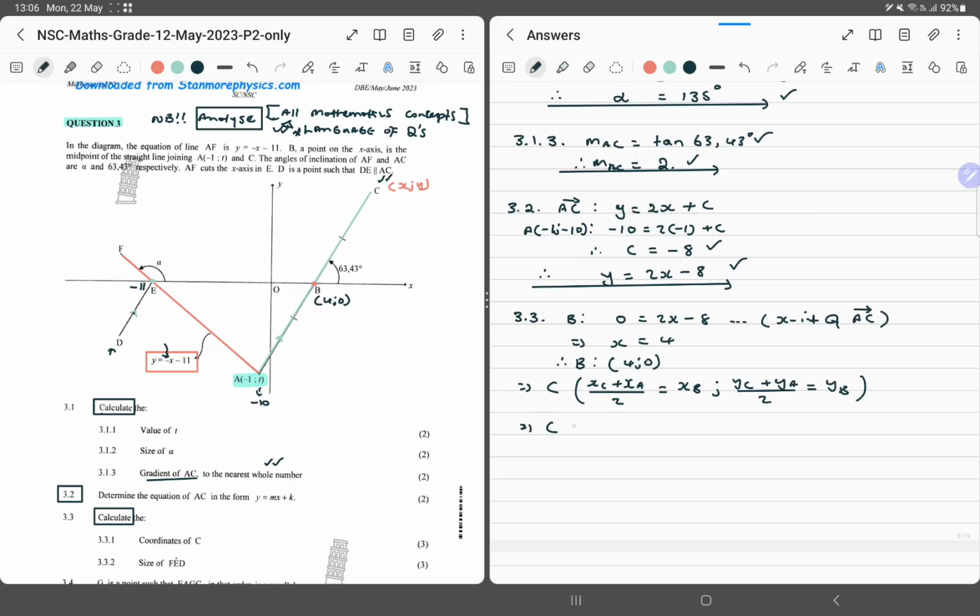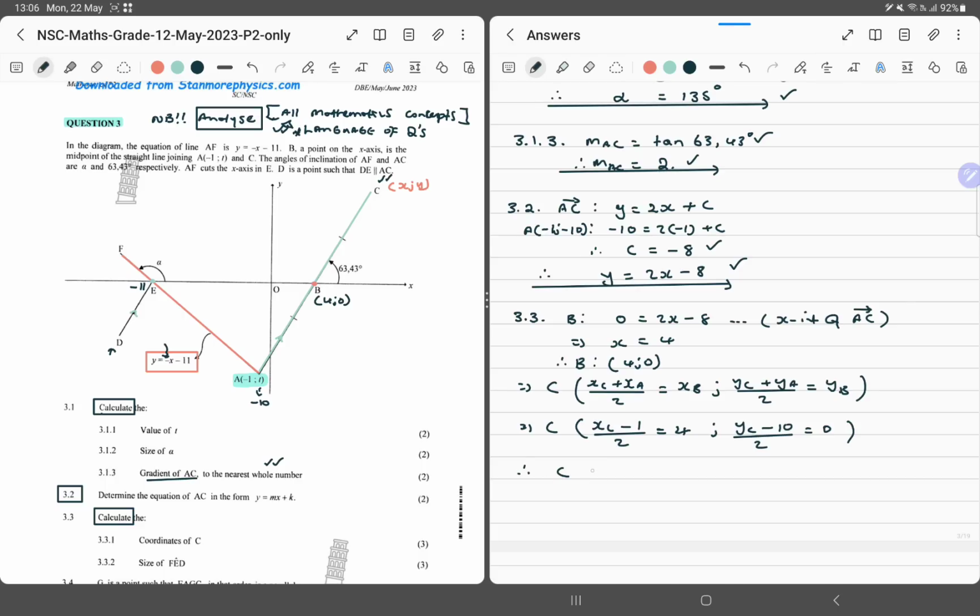This also implies that x at C minus 1 over 2 is equal to 4. Y at C minus 10 divided by 2 is 0.